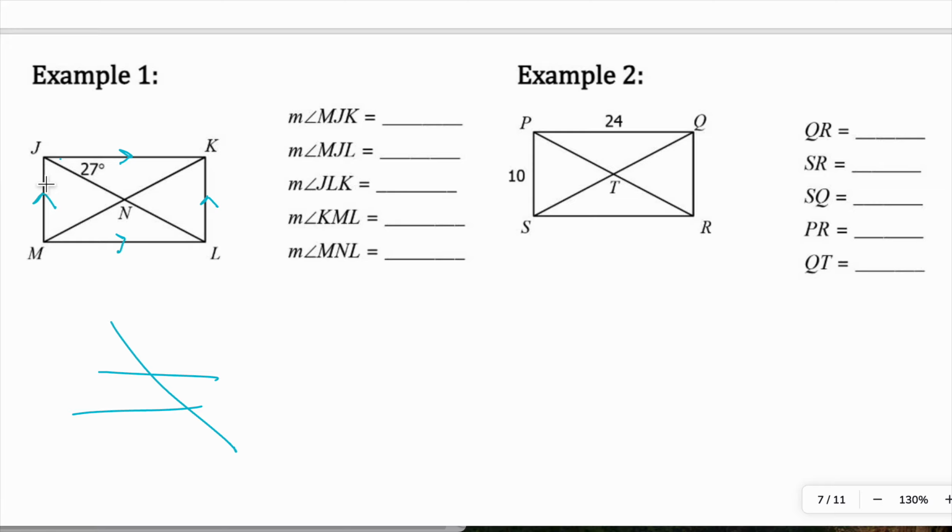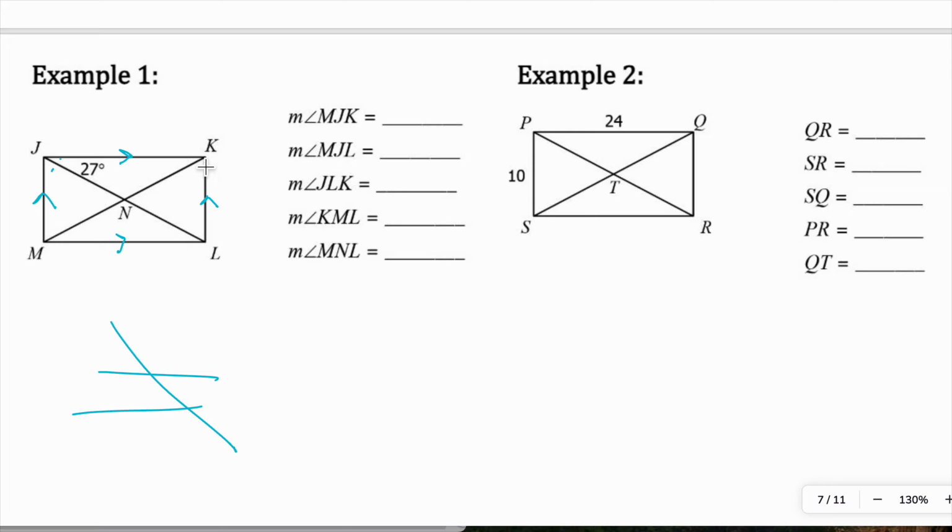Let's maybe go down our list. MJL is this one, and again, not enough information maybe yet. If I keep going, JLK though, JLK is here. Still not enough information. What I'm really looking for is maybe an alternate interior or alternate exterior.